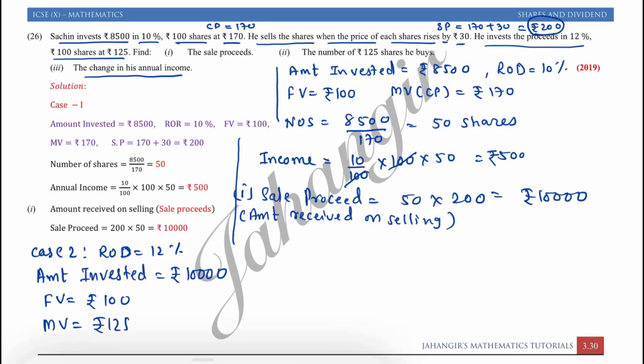So in the second part we have to find number of shares of 125 he buys. So number of shares is equal to amount invested upon market value, 80 shares.